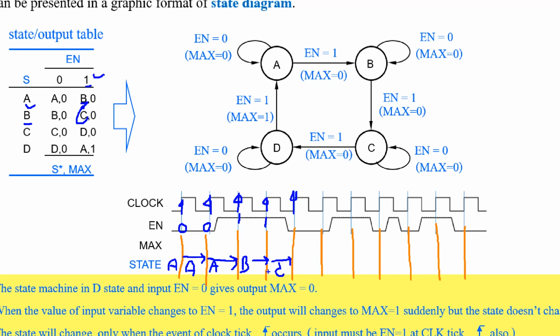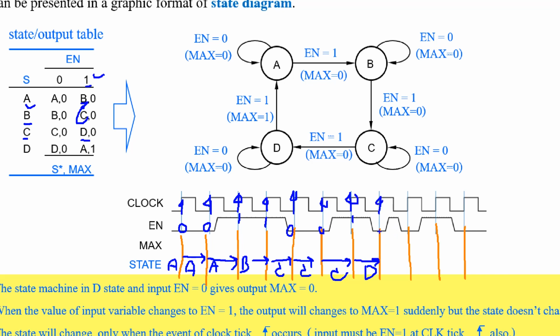I mean this one, from this clock tick to this clock tick is state C. And when clock tick is 0, right, then continue C until the next clock tick. For this clock tick, input enable is 1, so it changes to what? C changes to D, right? When input is 1, change to D.